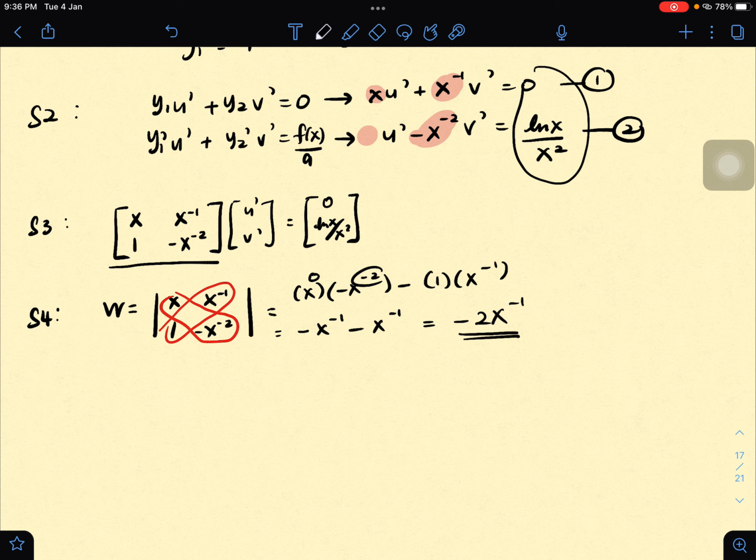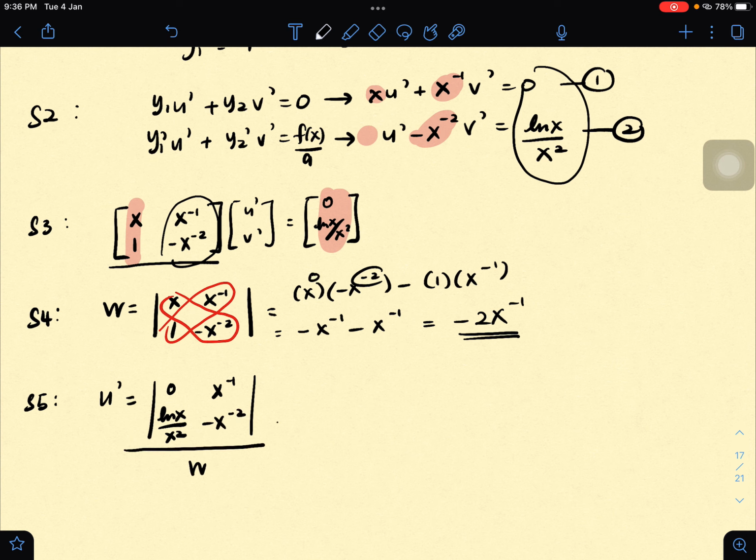Okay, next in step number 5 we need to find u prime. To find u prime, we need to find the determinant of matrix U. How to find the determinant of matrix U? The first column needs to be substituted with this one. So we write 0, ln x over x squared, and the second column we just copy x^-1, -x^-2, and we need to divide it by the Wronskian value.